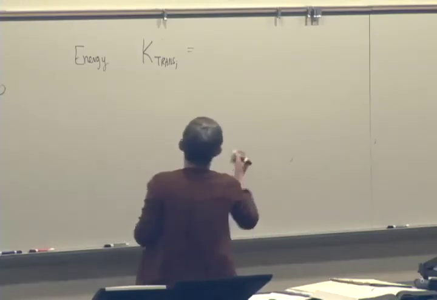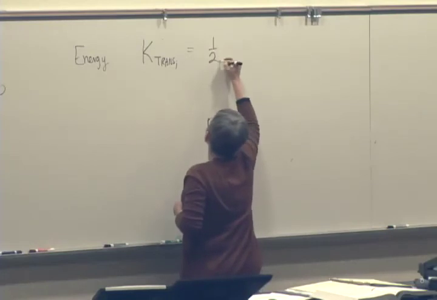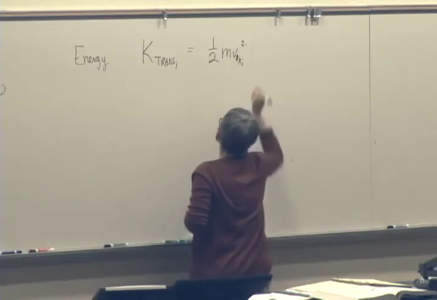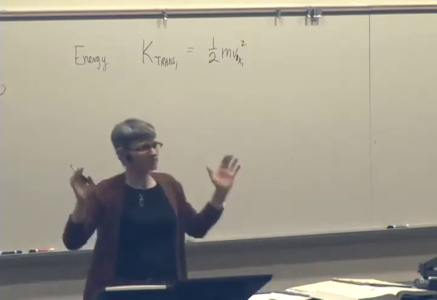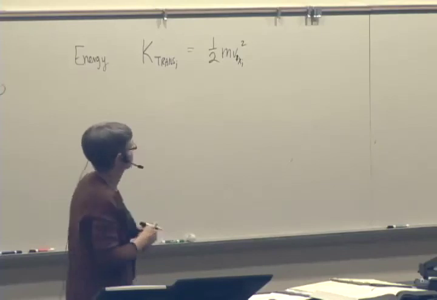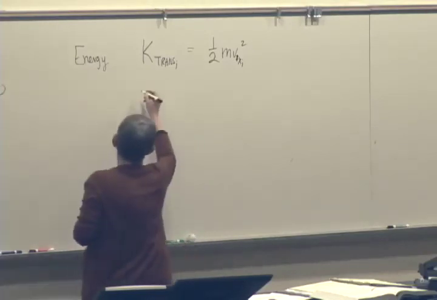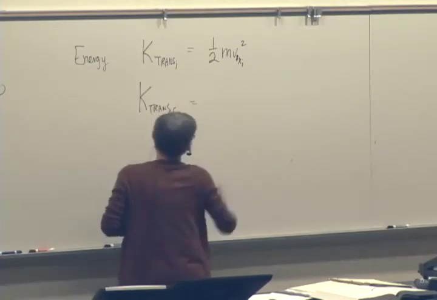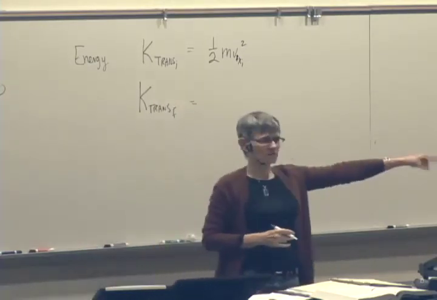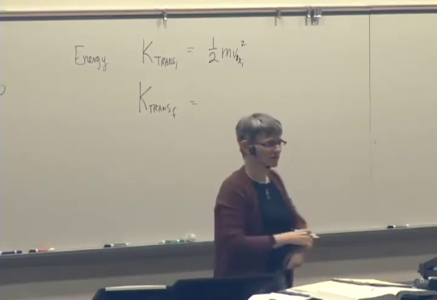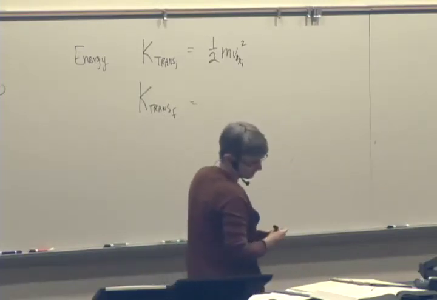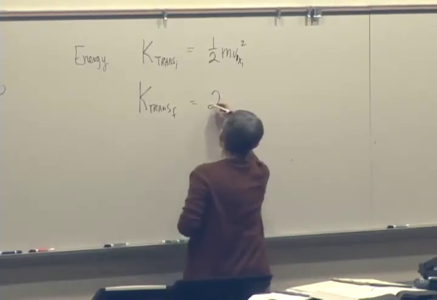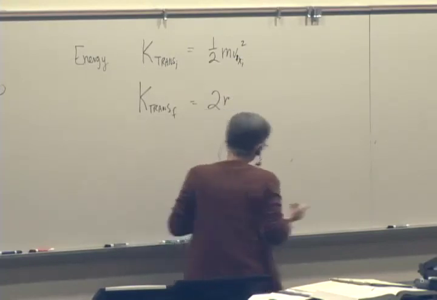Well, it was just half m v initial squared, right? And the final translational kinetic energy is going to be the energy of one plus the energy of the other, right? So the energy of one cart is a half m v final squared, and we have two carts.